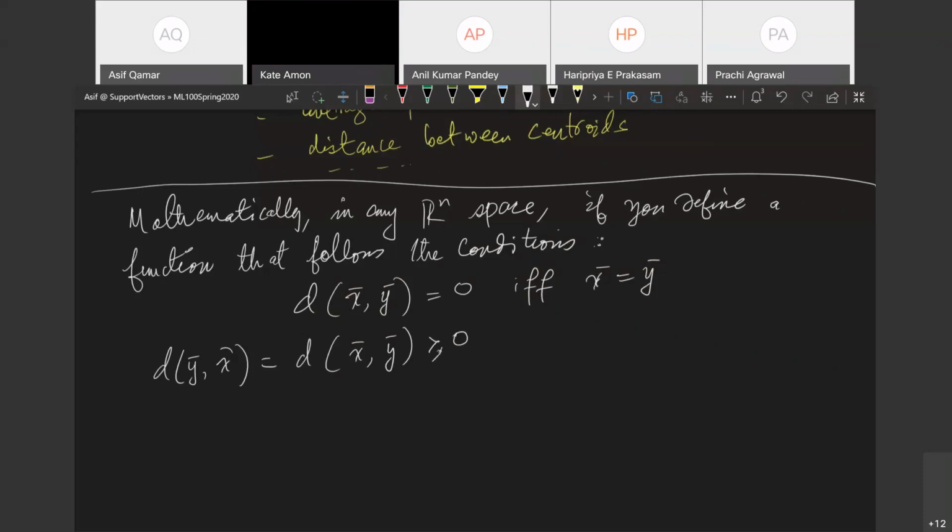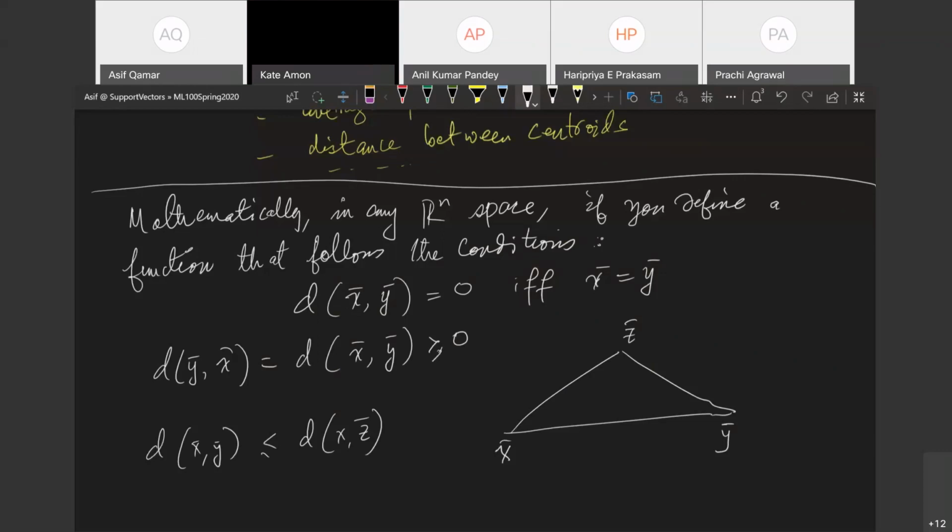That sort of thing. Now, the other condition is called the Schwarz inequality, which says that suppose you have points x and y in the feature space, then if you take any arbitrary other point z, the distance between x and y will always be less than or equal to the distance from x to an arbitrary point z plus the distance of z to y.